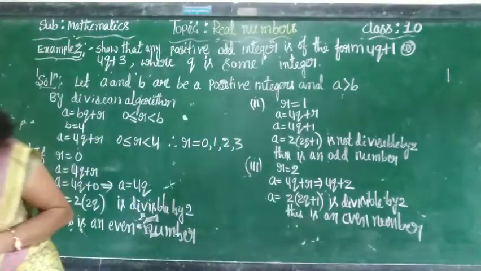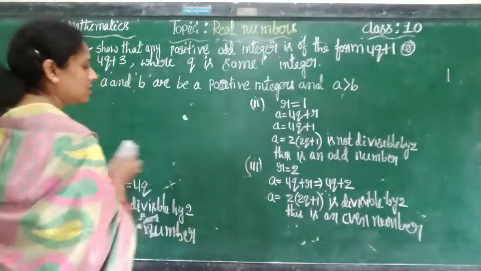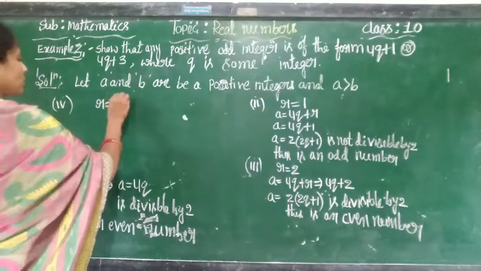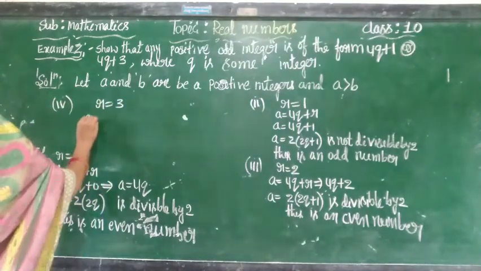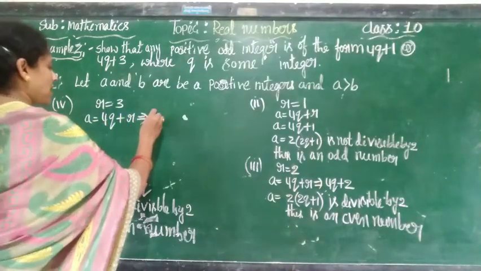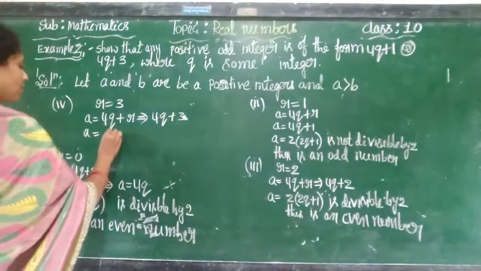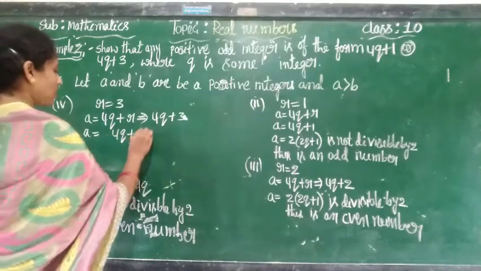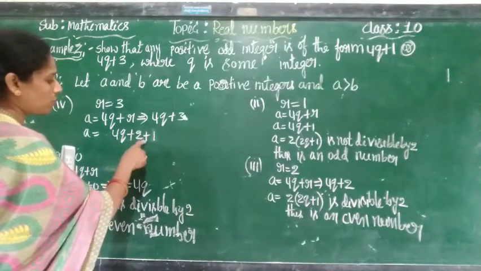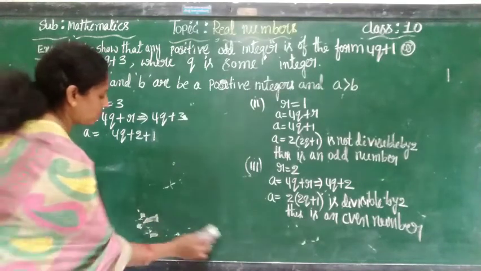So next, the fourth condition, r is equal to 3. So a is equal to 4q plus r. This implies 4q plus 3. We write 3 as 2 plus 1.